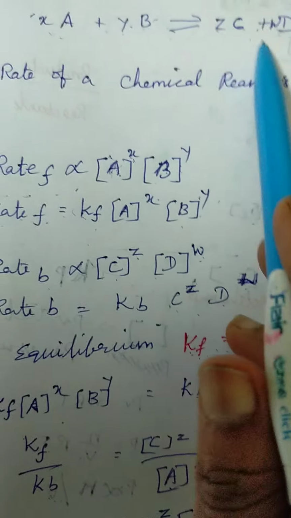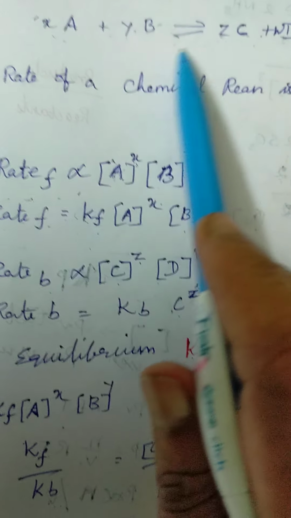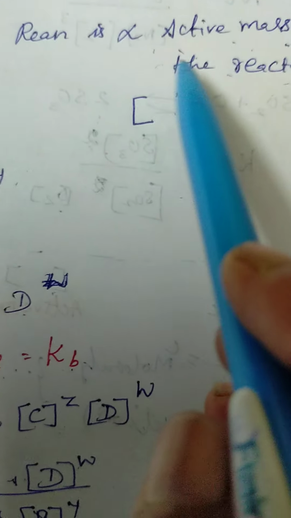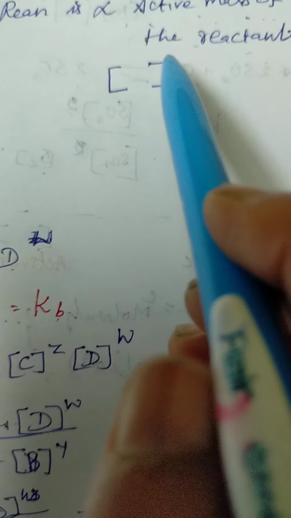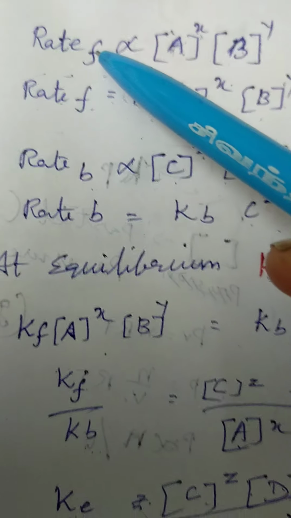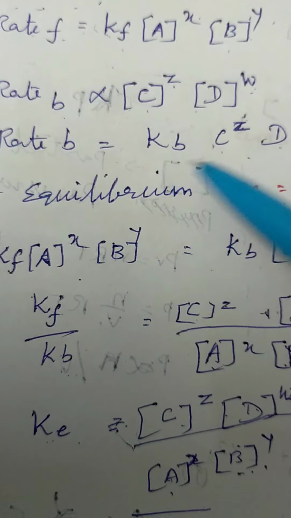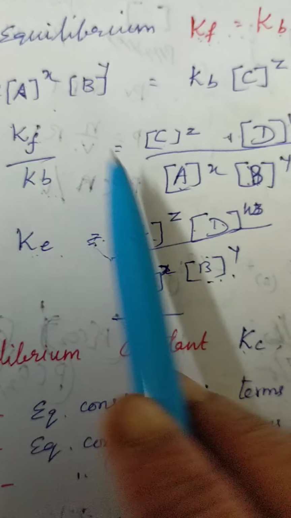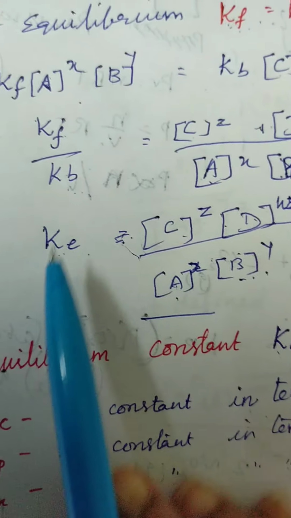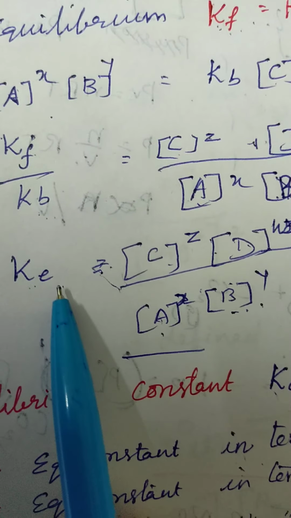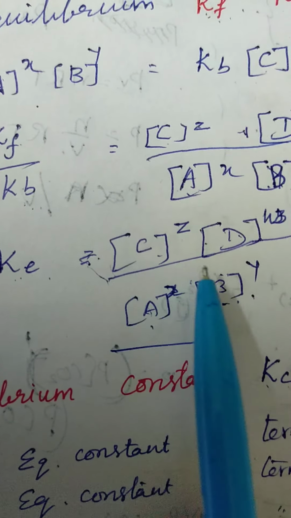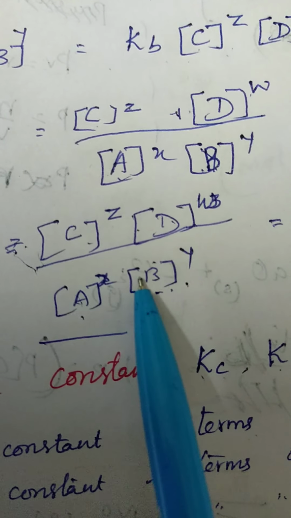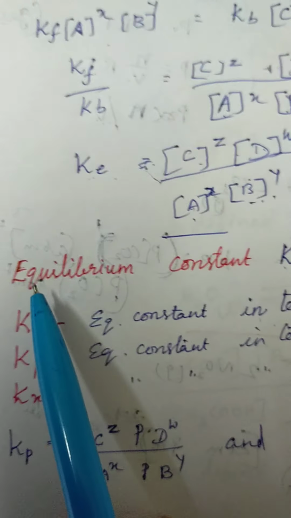We consider a chemical equation of a reversible reaction. The rate of a chemical reaction is directly proportional to the active mass of the reactants. The rate of the forward reaction and the rate of the backward reaction are equal at equilibrium. Finally, the equilibrium constant Kc is [C] and [D] concentrations divided by [A] and [B] concentrations.